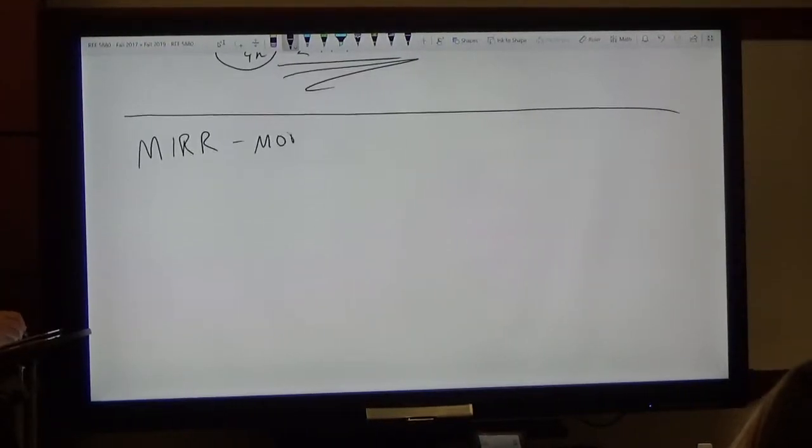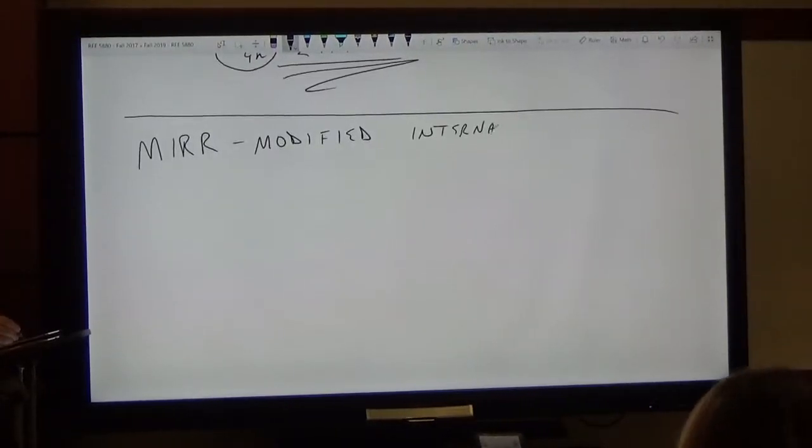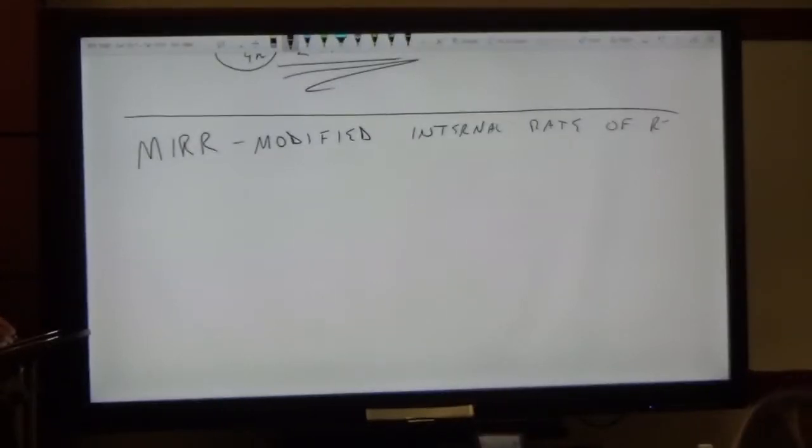Modified internal rate of return. Just out of curiosity, has anybody ever heard of modified internal rate of return? Murph? Okay, one person. No one else. Is it Kenny? Okay.